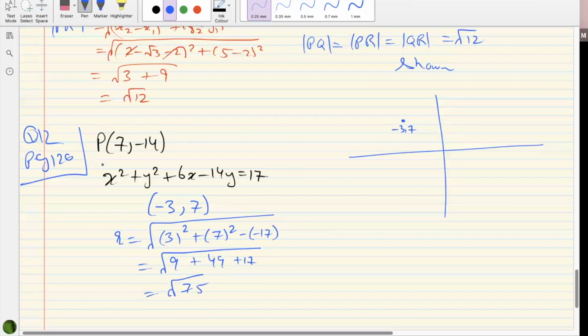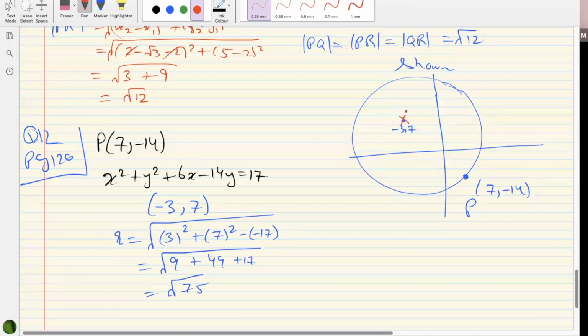And we know that it lies on P, sketching a rough circle. P lies there, which is x is 7 and y is -14. This diagram is not the demand of the question, but it helps us understand and communicate easily. So we have the coordinate of the center, we have the radius, and we know one of the points.